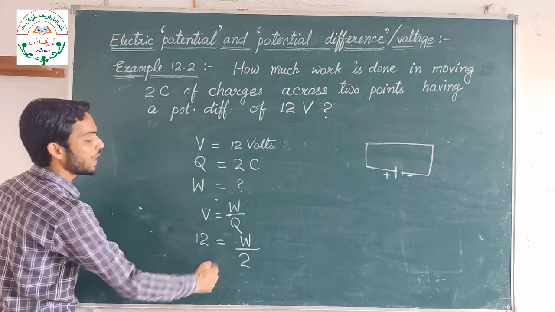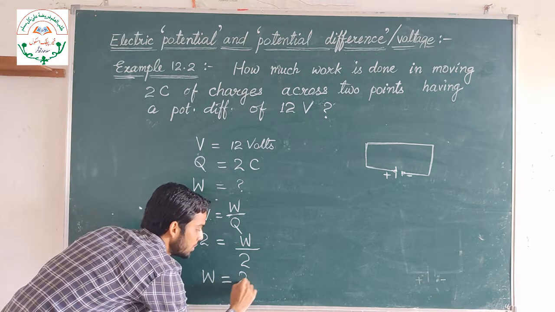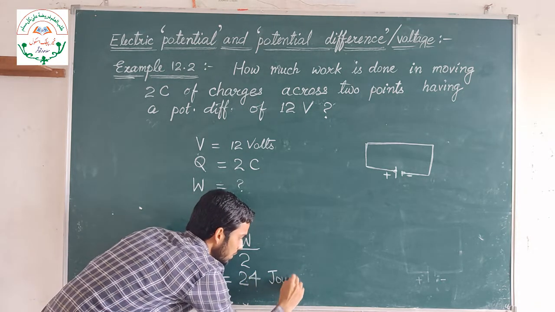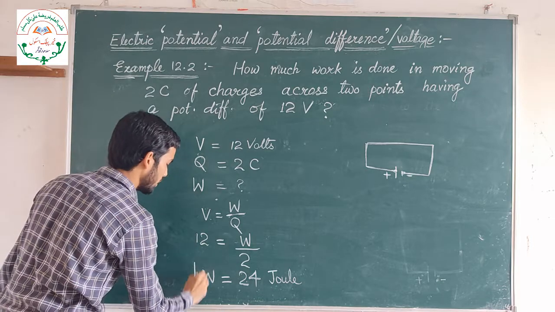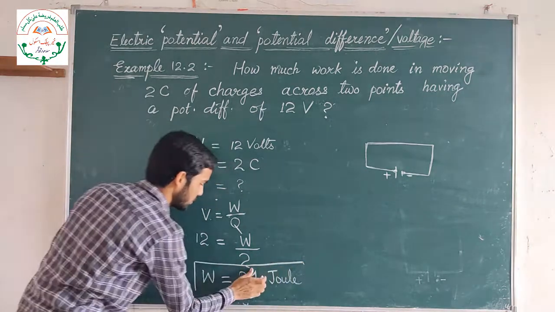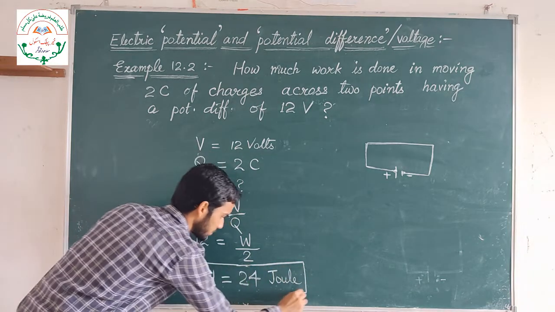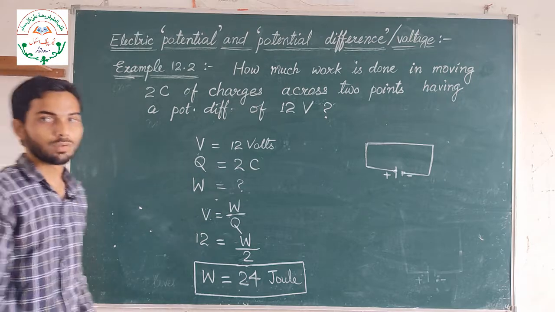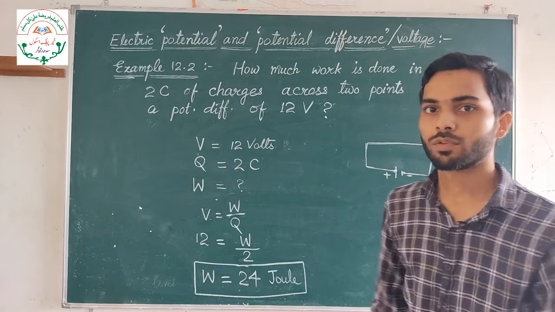So by cross multiplying, we get the work done equal to 24 joule. 12 times 2 is 24 joule. This is our answer: 24 joule. Okay, thank you.